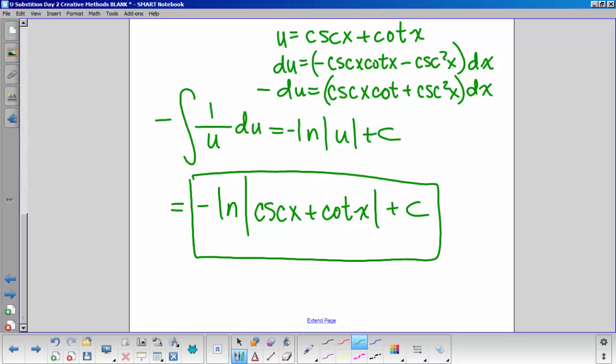So, that seemingly bizarre factor of 1 is the only way to integrate secant x and cosecant x.